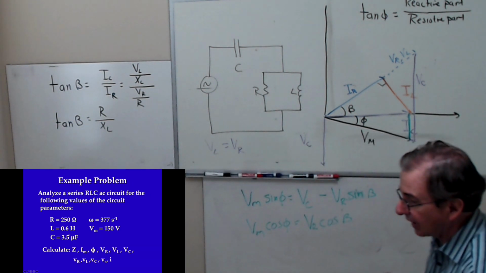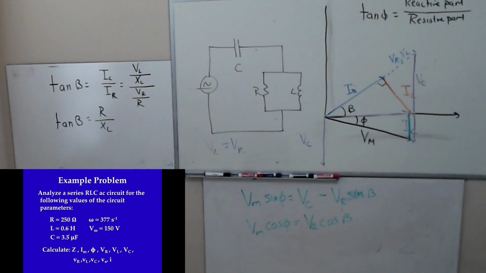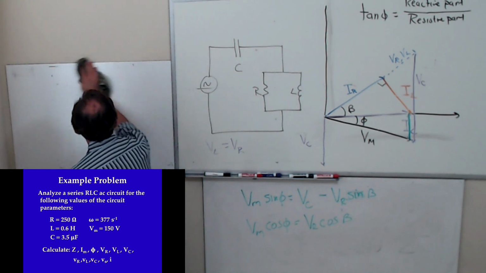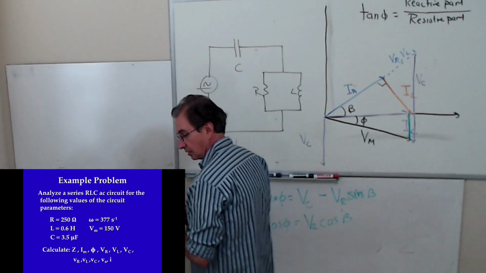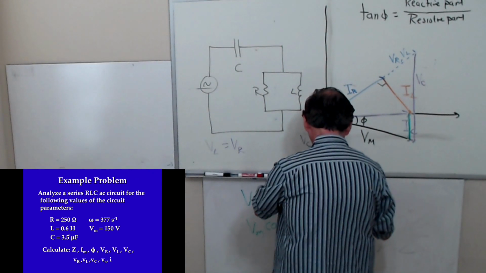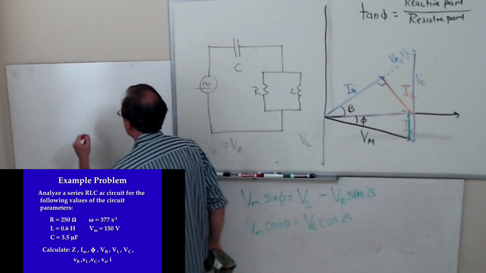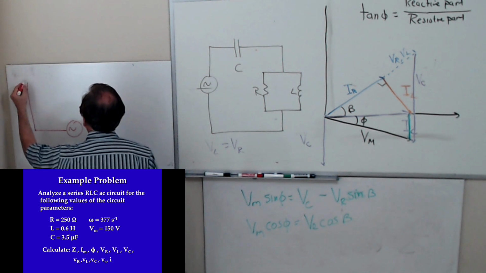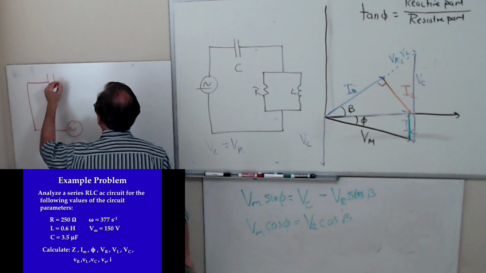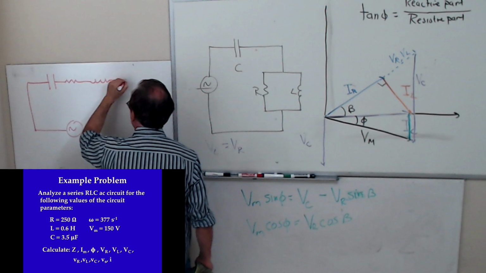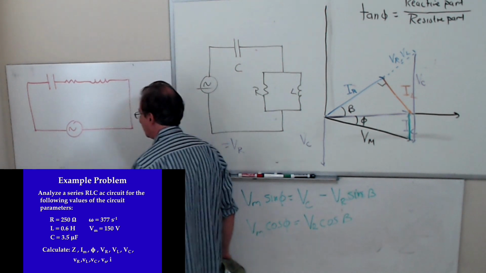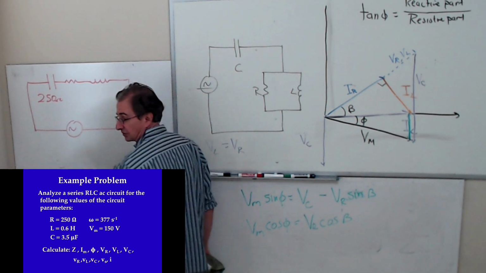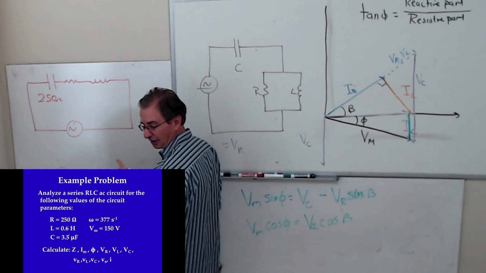So suppose I have this circuit, and I'm not going to calculate everything just because of time, but I want to say some things about it. I'm going to draw it this way on purpose. This is going to be 250 ohms, because the answers to my questions are going to differ depending on how I rearrange these.